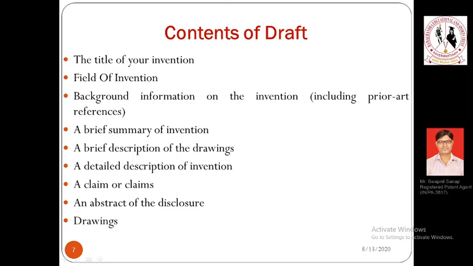This detailed description has to be elaborative but directed towards the invention, in a manner that it enables a person skilled in the art to implement the invention without referring to any prior art references or any other sources of knowledge. So you need to write your invention to that greater extent.